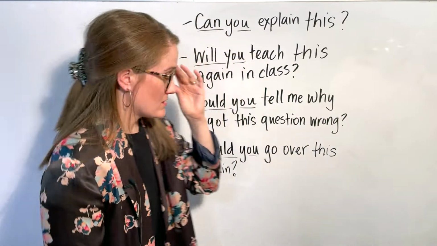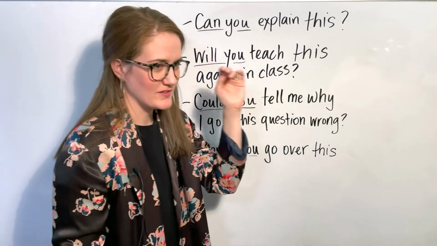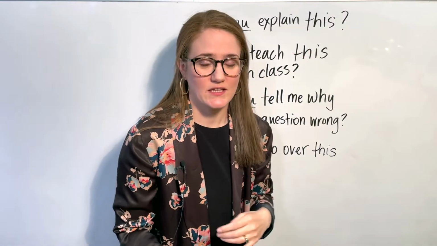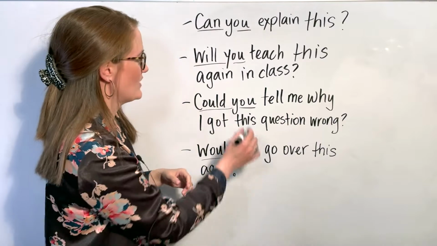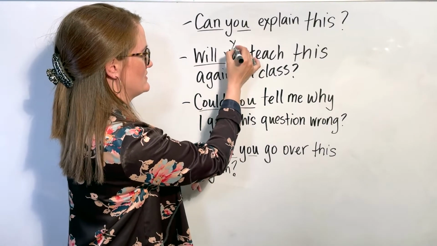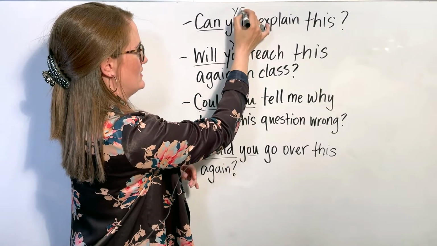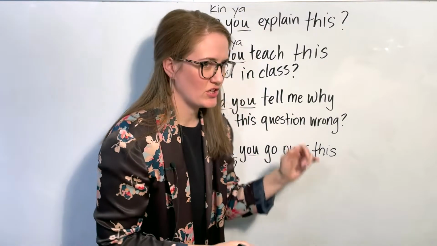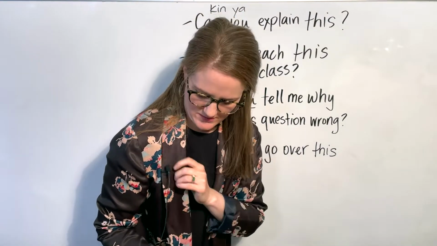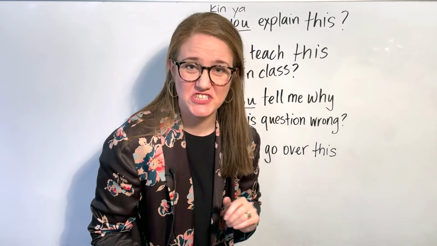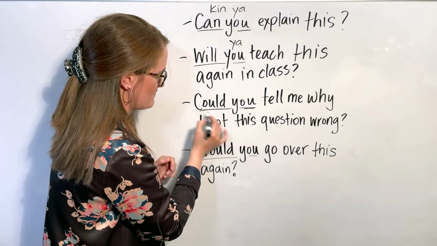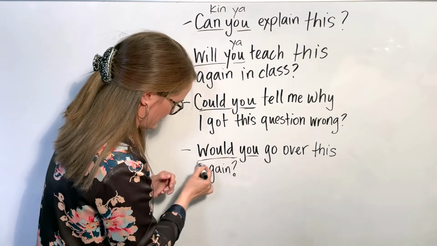Okay? So we have can ya, will ya, could ya, would ya. This turns into ya, this turns into ya, this turns into can. Could ya? Like a J, letter J.